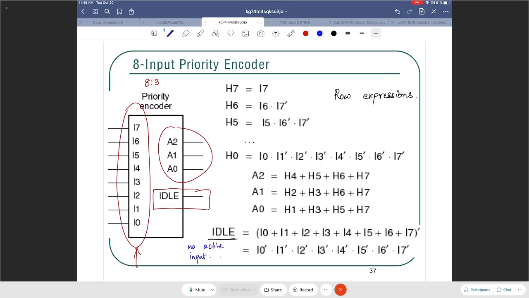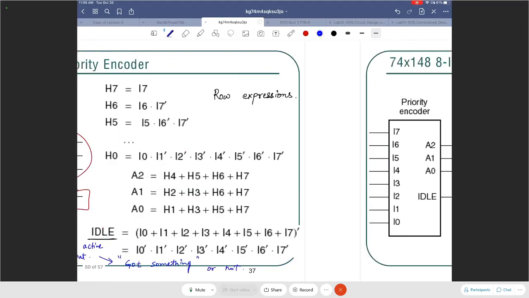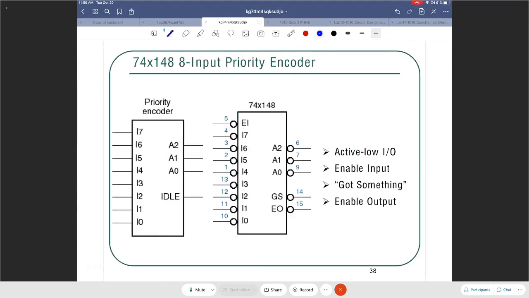So it's like, did you get something or not? Got something or not. So that output can be used to find out whether any one of the inputs is active or not. And that takes us to the standard 8 to 3 priority encoder chip, which is the 74X148.